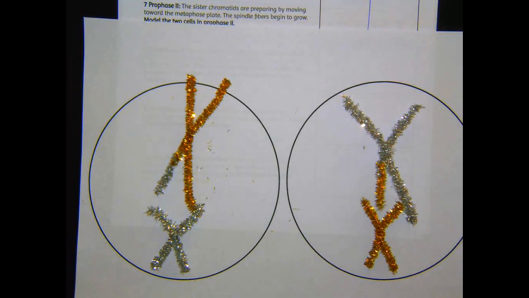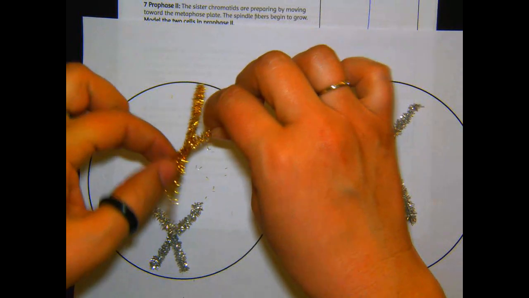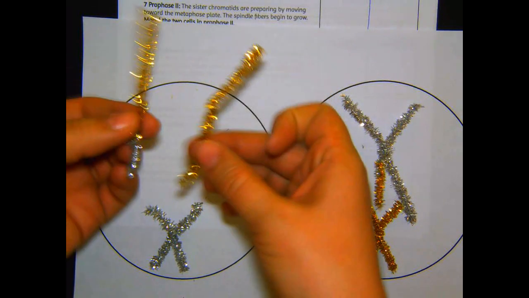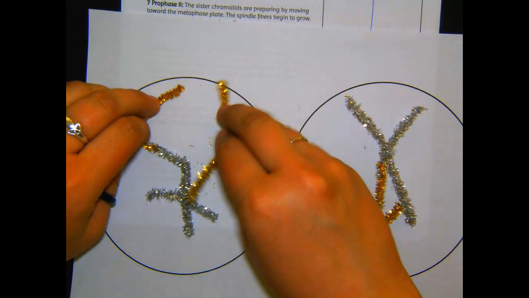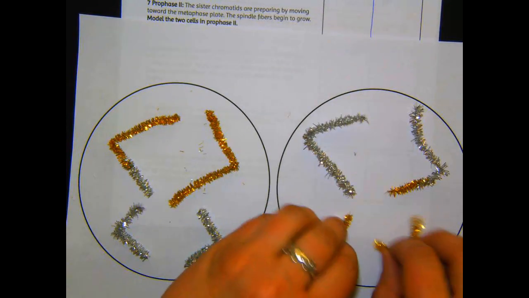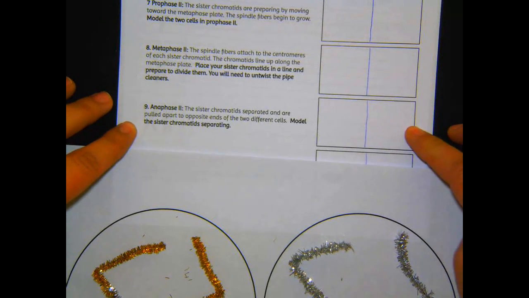So now we get to untwist the X. Don't break off the leg, but we untwist. I now have 2 sister chromatids that are going to start getting pulled opposite directions. Things start getting pulled away. This, anaphase. So I'm going to draw it here on anaphase.